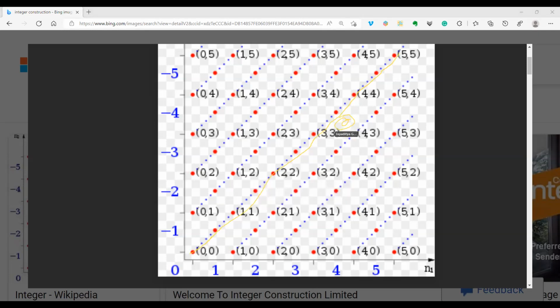This is the equivalence class of 1, 2, minus 1. So you see, there is the set of integers. It is a representation. Thank you, Sundar Raman.